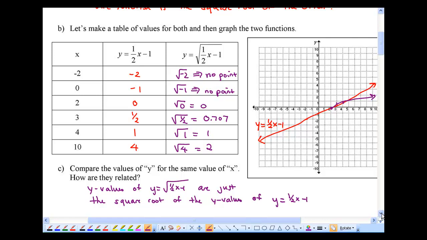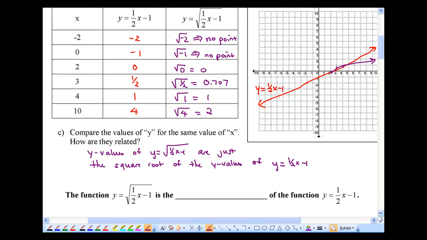So what does that mean? Well, the function y equals the square root of 1/2 x minus 1 is, you guessed it, the square root of the function y equals 1/2 x minus 1. That's it. So that's the main idea.